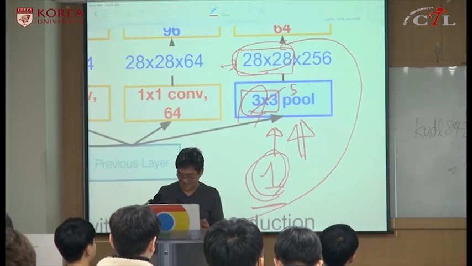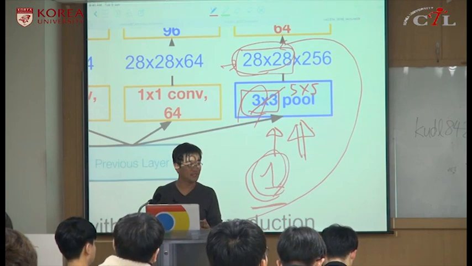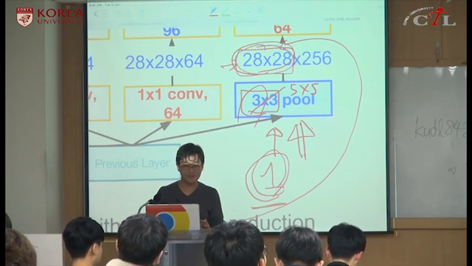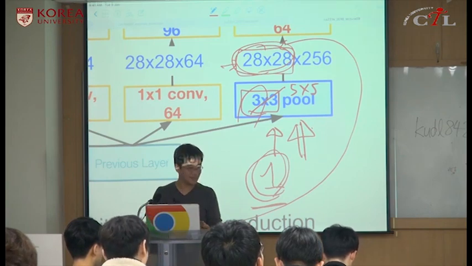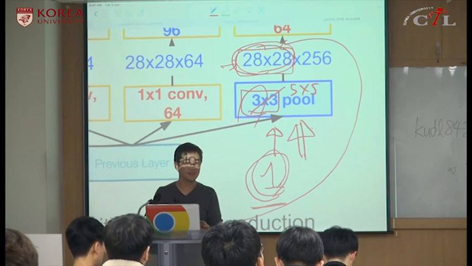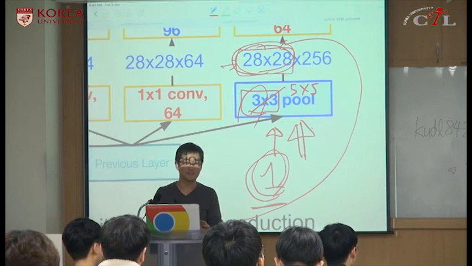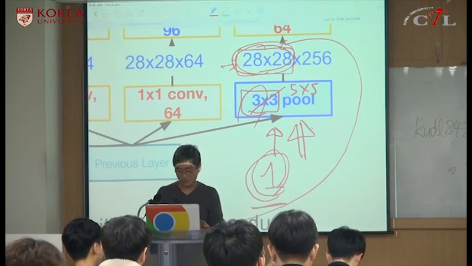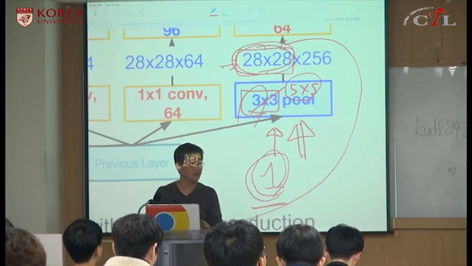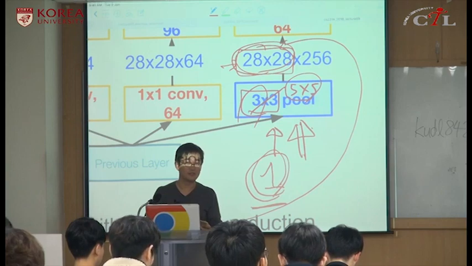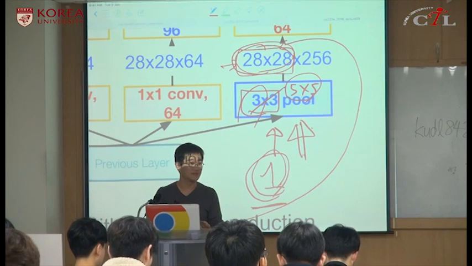Okay, then let me change it to a 5 by 5 pooling. To have the same size of output in terms of spatial resolution, what should the stride size, or step size, be? If it was a convolution with a filter size of 5 by 5, what step size would we need to obtain the same spatial resolution? It should be 1, right?